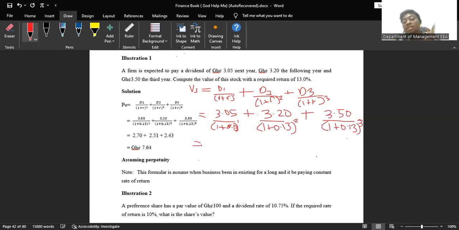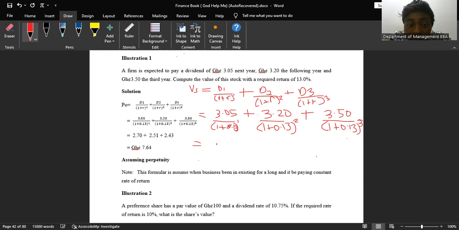Okay, so that is it. Now we go through the calculation. This would be 1.13 raised to the power 1, 1.13 raised to the power 2, 1.13 raised to the power 3.